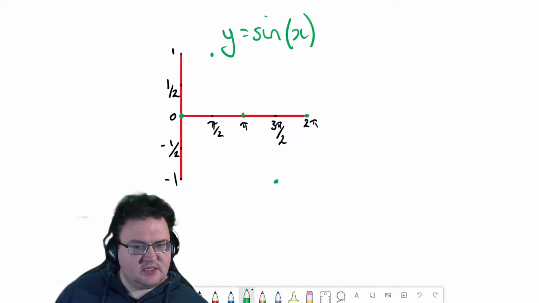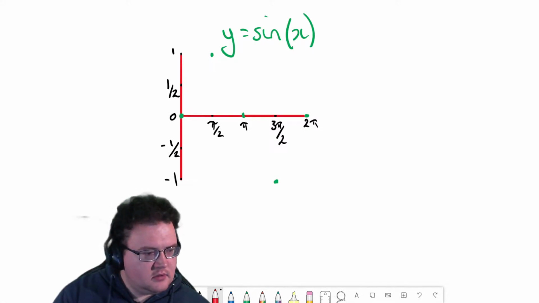Pi on 6. Anyone else want to have a guess, or see if that is correct? Don't just rely on that person. Yeah, because it is pi on 6.